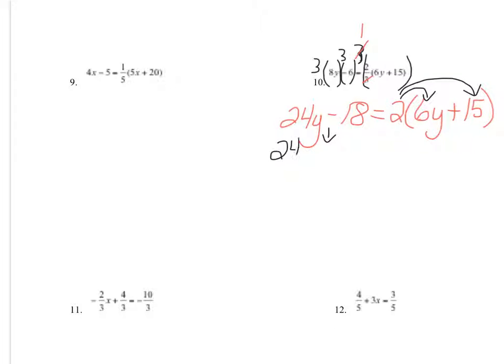So I have 24y minus 18 equals 2 times 6y gives me 12y, and 2 times 15 gives me 30.